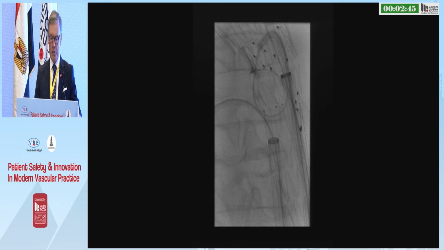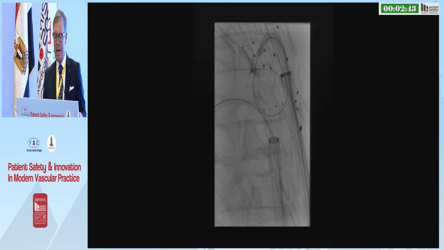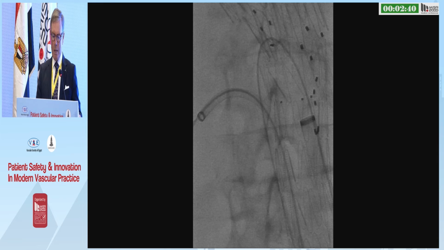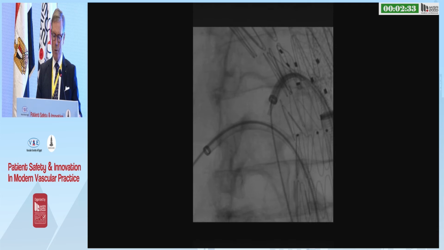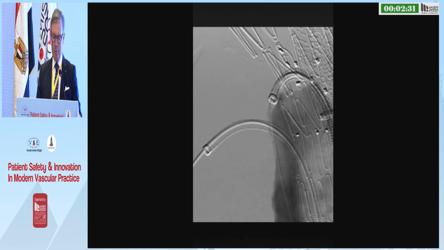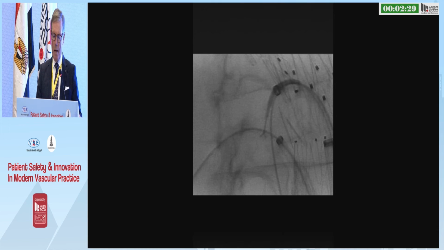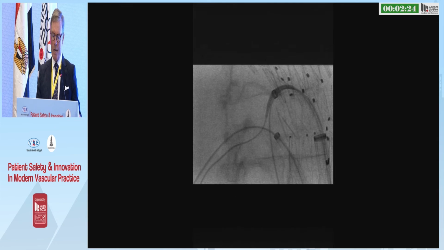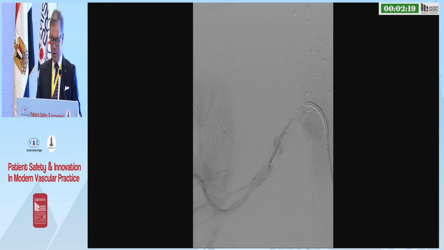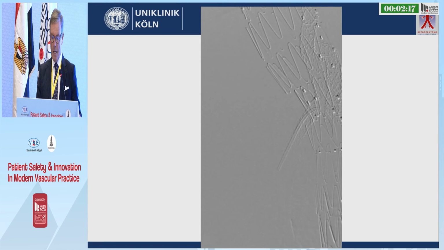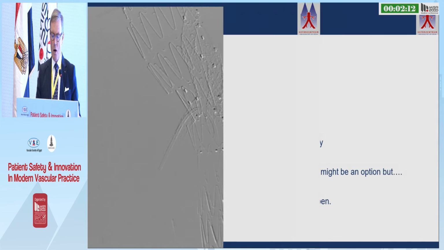So then we introduced a sheath into the right renal artery in order to dilate the stenosis, and then through the fenestration it was possible to come in with a wire, and then we pulled back the sheath from below, and then it was possible to cannulate the right renal artery and place a stent there with a good end result. So sometimes you have to think a little bit outside of the box.